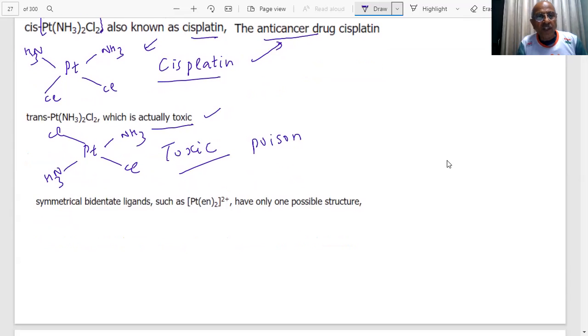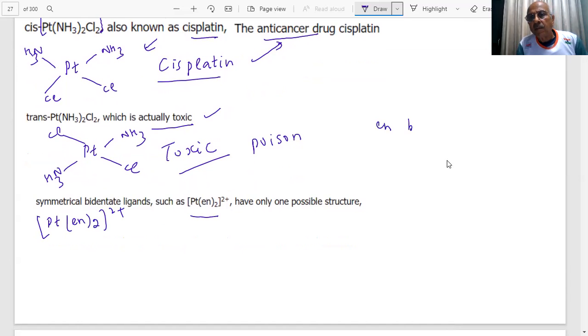Suppose, students, a question is given: will it have geometrical isomers? This has ethylenediamine, a bidentate ligand. What is the coordination number here? If I say Pt(en)2 2+, you already know what en is.